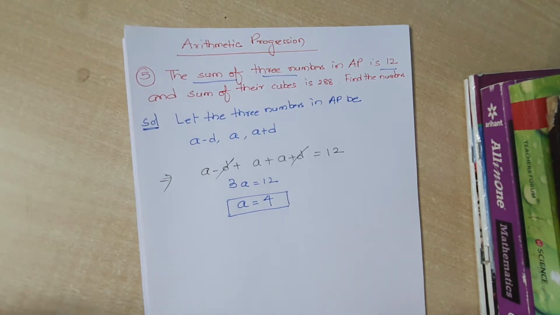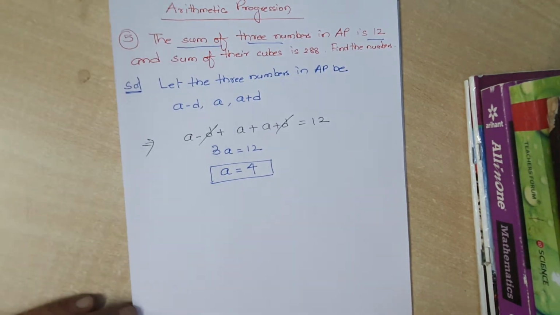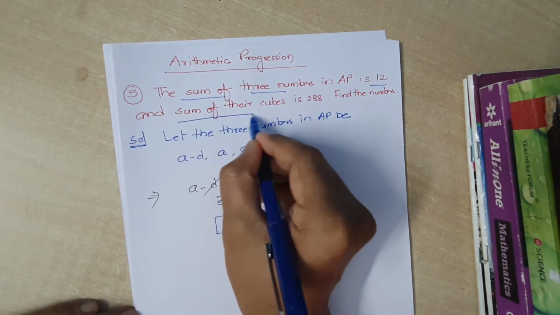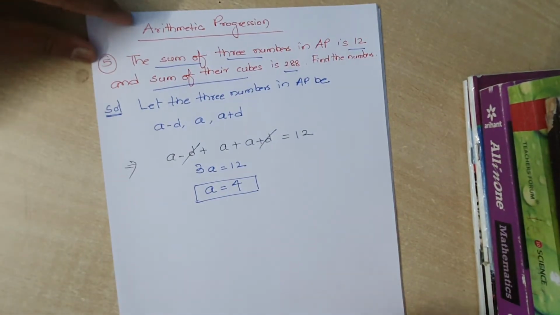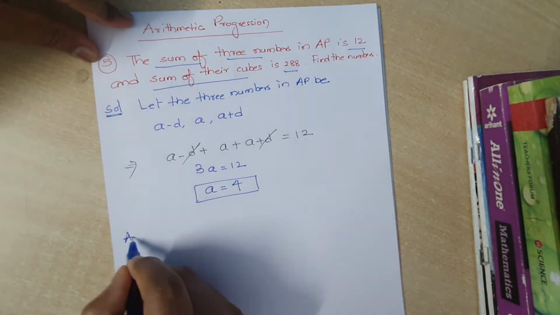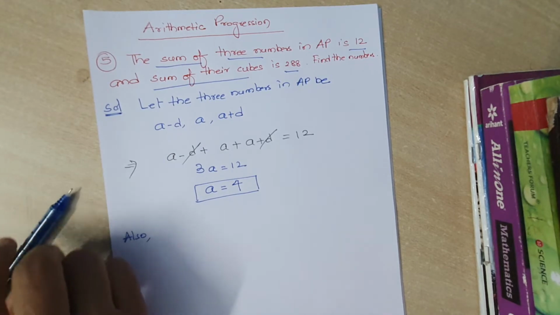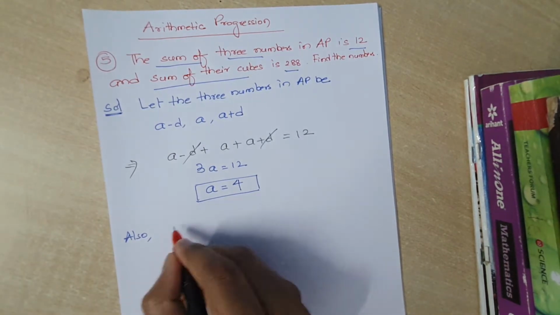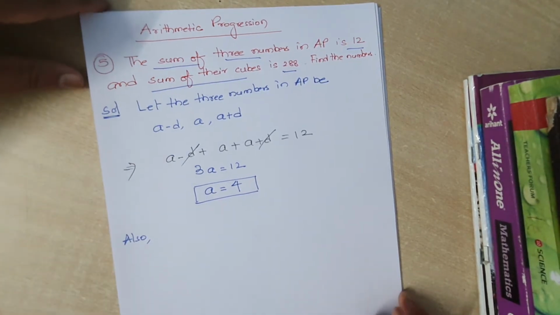Now what is the other condition? The other condition is sum of their cubes. Sum of their cubes is 288. So you can write A minus D whole cube, or we can say, what is A here? 4.